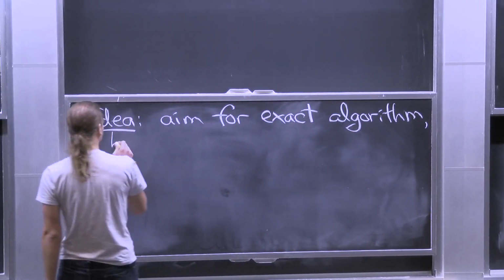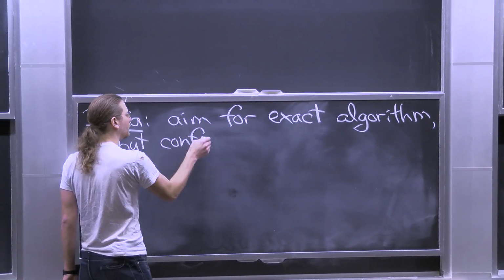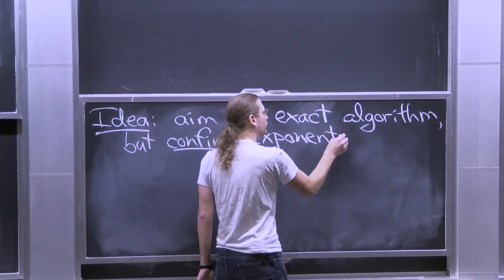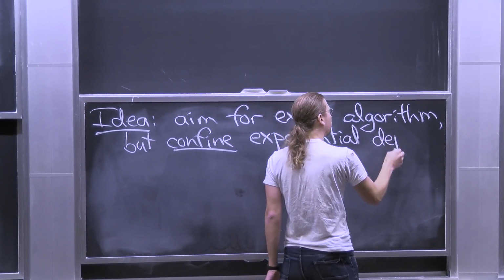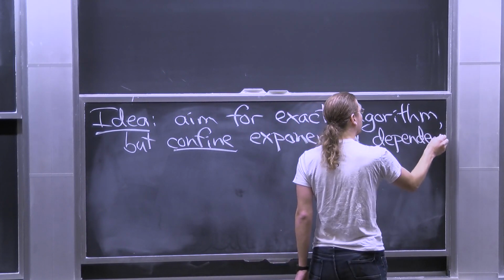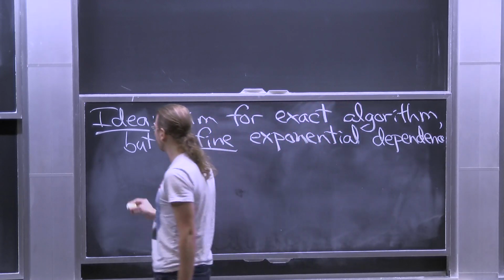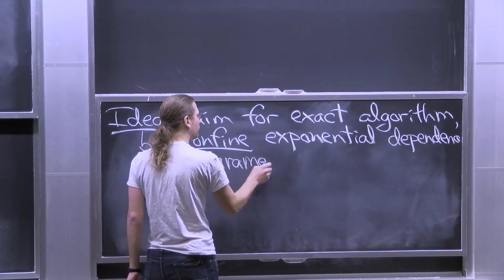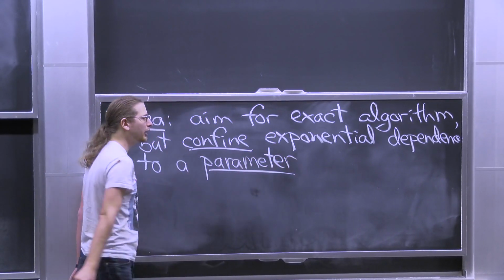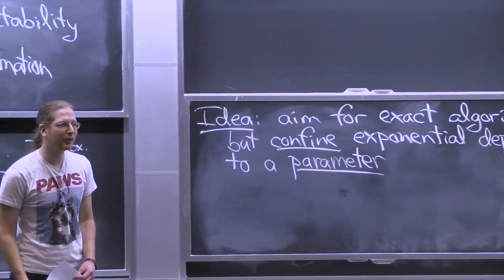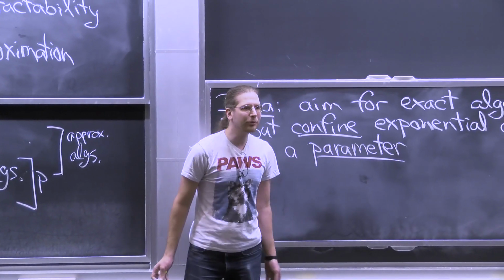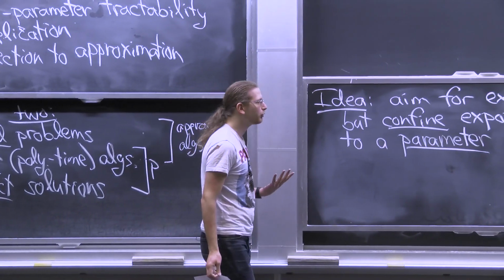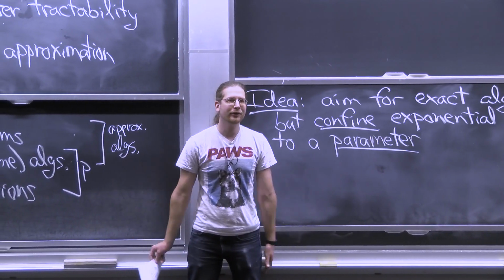But we want to confine the exponential dependence to something called a parameter. We actually use parameters all the time. For example, in a graph, there's two typical parameters you think about, the number of vertices and the number of edges. If you're sorting an array, the usual parameter you think about is the size of the array. That's all I mean.